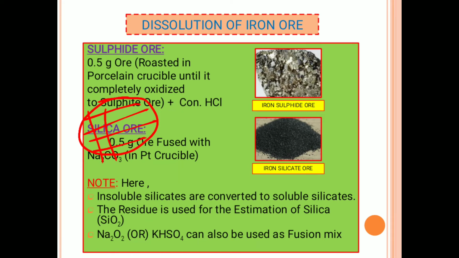So, after weakening of bonds present in iron ore, you can easily break the bonds to make it in soluble state or dissolved state after the addition of any acid like concentrated HCl.